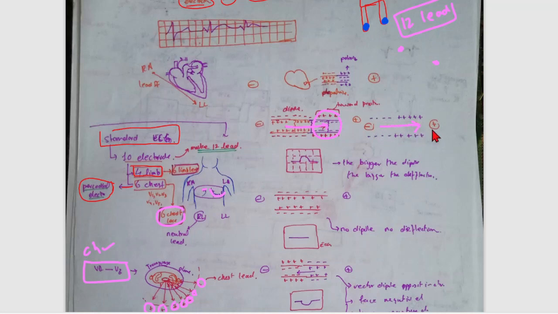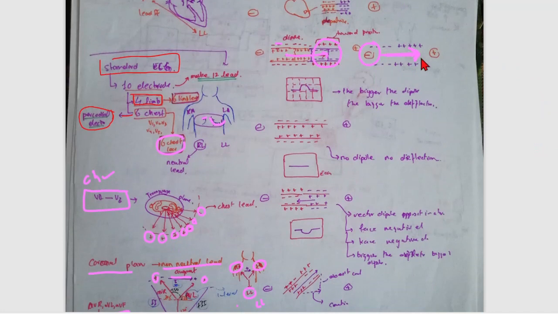If you see from the outside, here is negative and here is positive. So at this area there is a minus sign, and in this area outside there is a positive sign. So the electrical signal, the electrical dipole, moves like this.